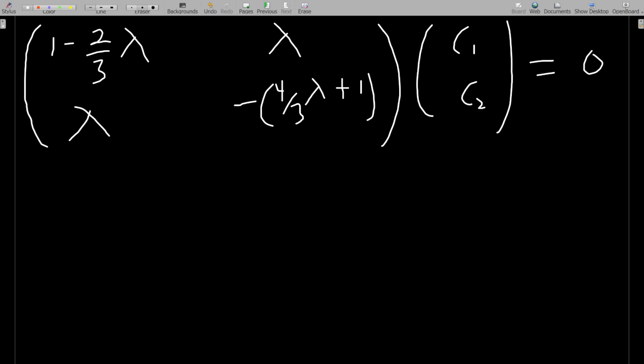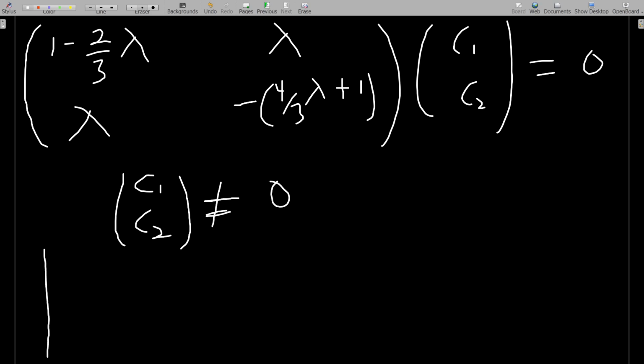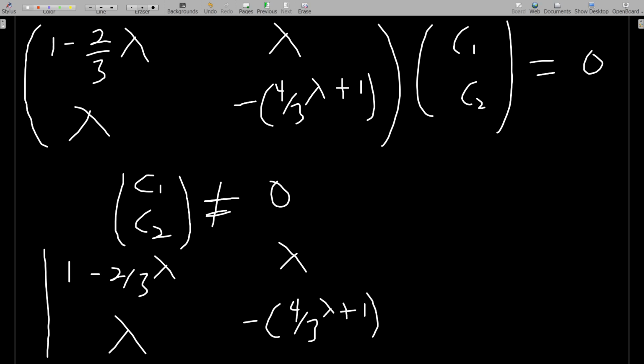We know that this vector of c1 and c2 is not equal to 0, so the determinant of the matrix with 1 minus 2 over 3 lambda, lambda, minus 4 over 3 lambda plus 1 should be equal to 0.